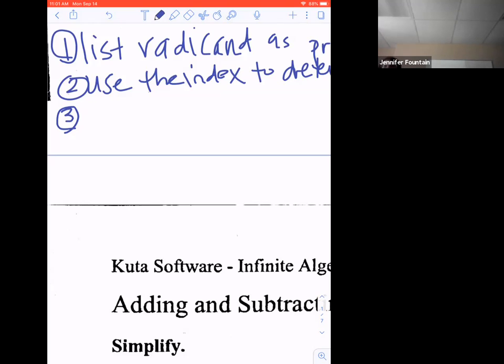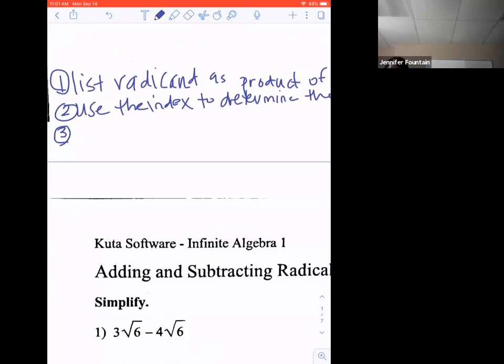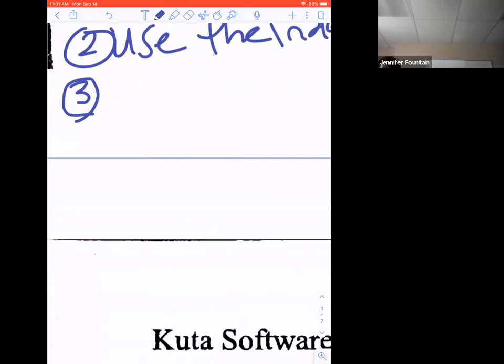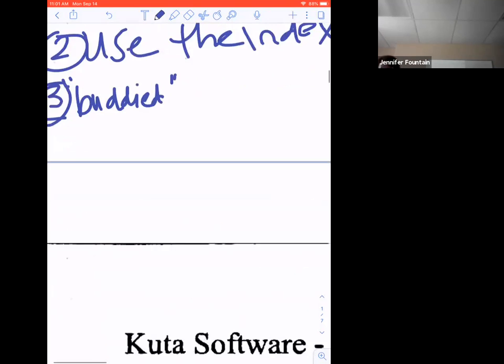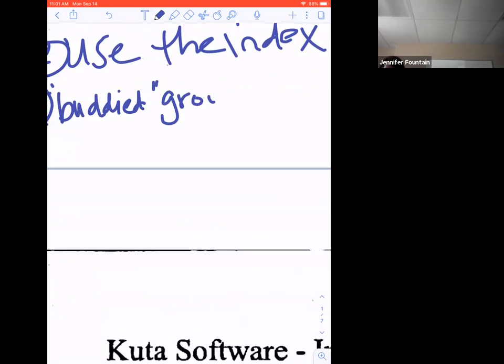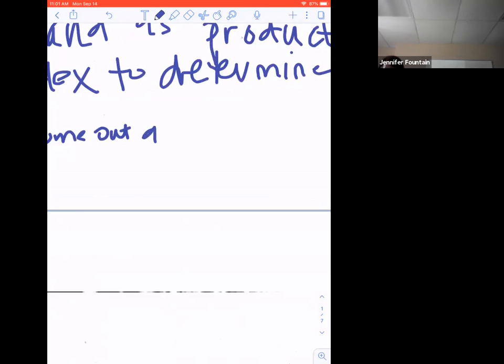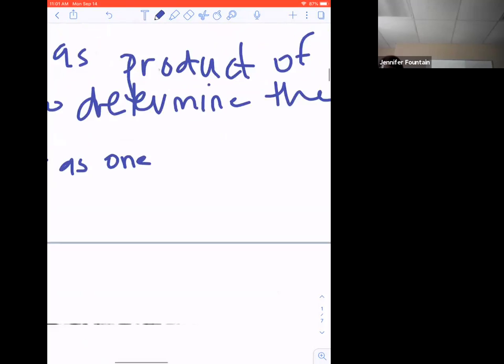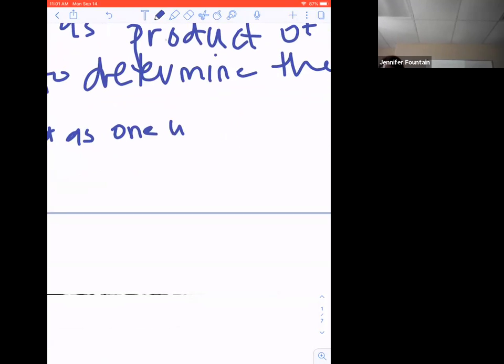All right, so step one, prime factorization of our radicand. Step two, use the index to determine our buddies. Step three, our "buddied" groups, and again, I'm going to put that in quotes because it's not a real term, come out as one whole number.